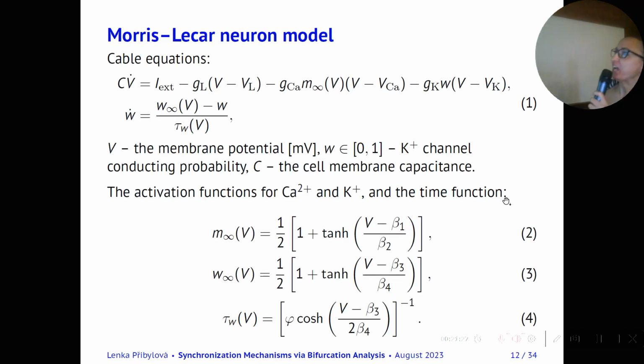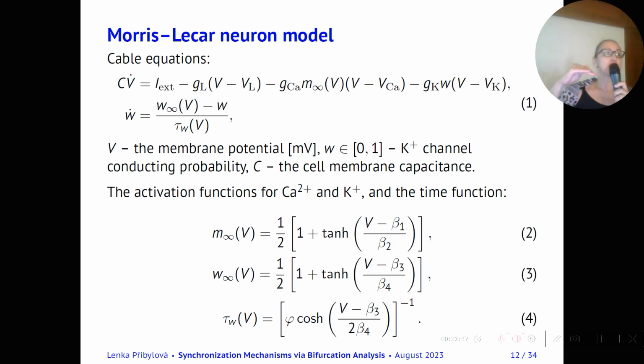Well, this is a neuron model. Don't read it. I don't want you to. It's simply a membrane potential that is changing with respect to your ions that are going inside, outside through various channels.